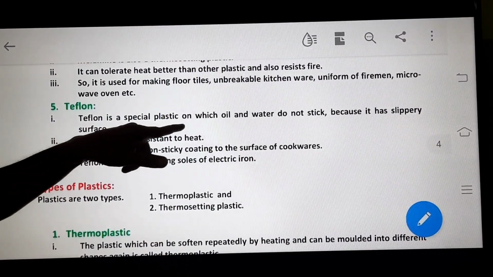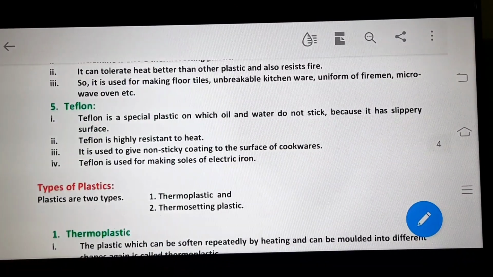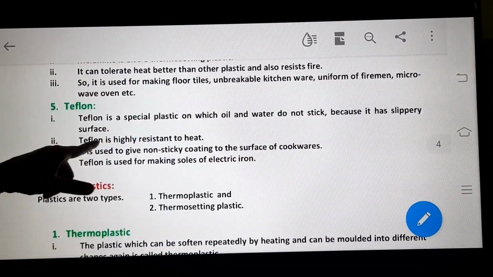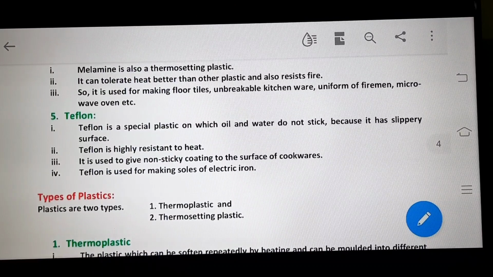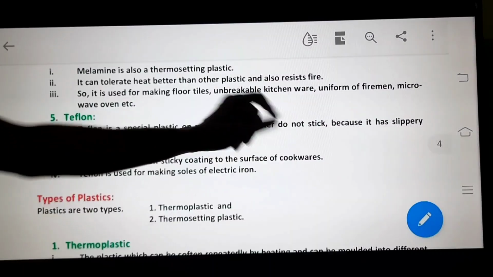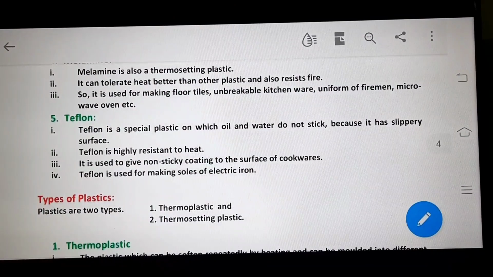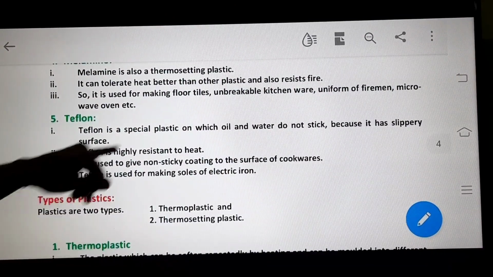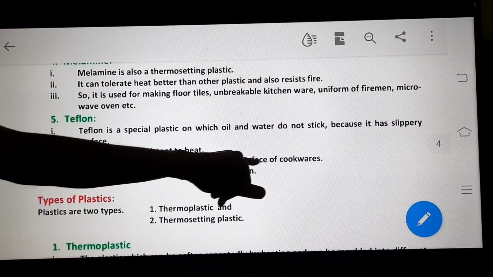Then the last one, Teflon. Teflon is a special plastic on which oil and water do not stick because of its slippery surface. Due to this quality, it is used to give a non-sticky coating to the surface of cookware.